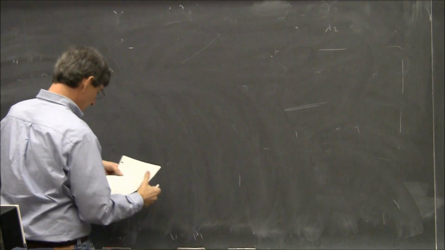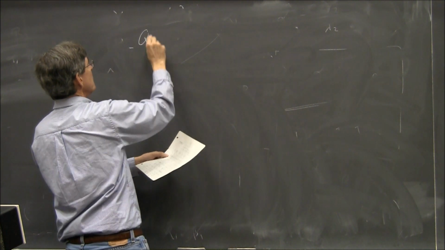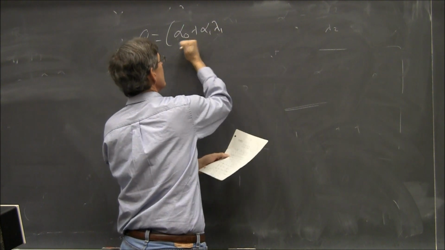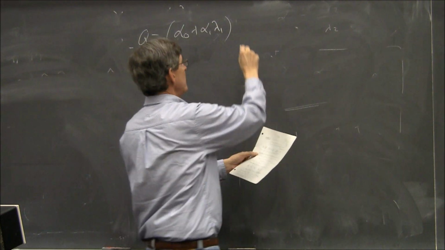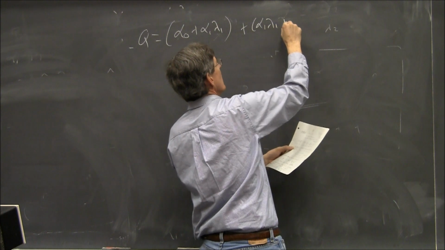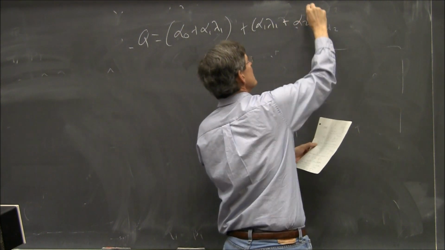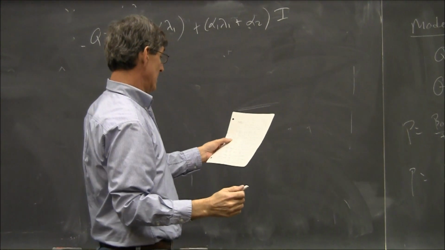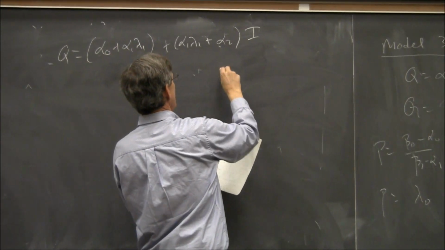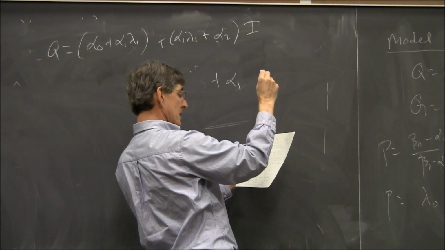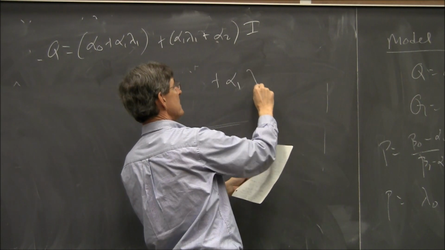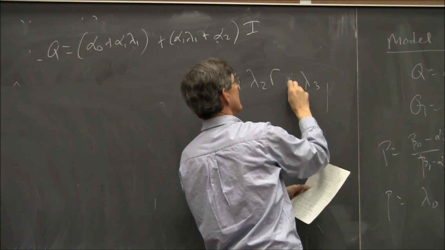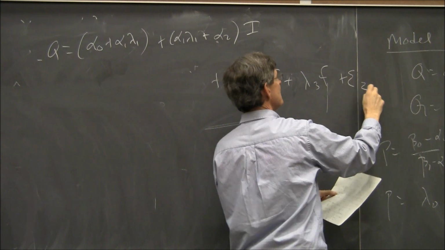Then sub that into the other equation to get Q equals alpha 0 plus alpha 1 lambda 0, that's the constant, plus alpha 1 lambda 1 plus alpha 2 times I, plus alpha 1 lambda 2 times R, plus alpha 1 lambda 3 F plus E2.